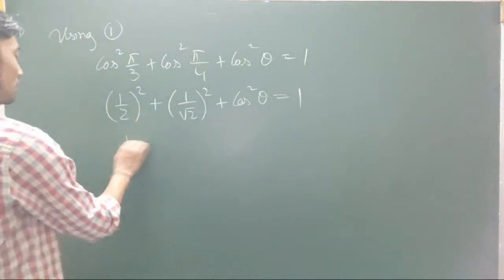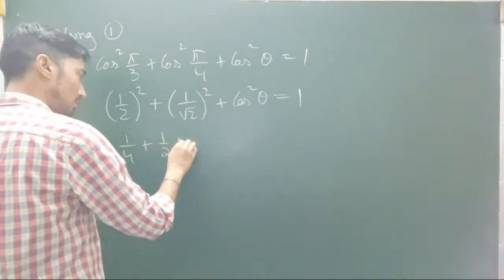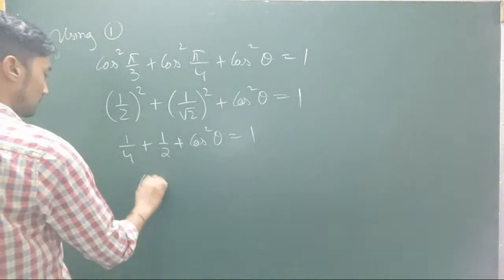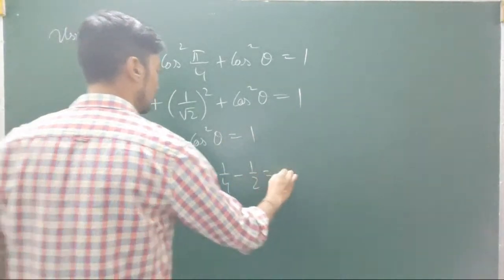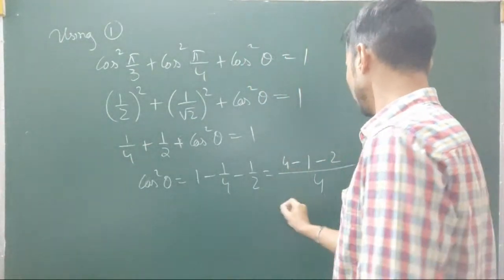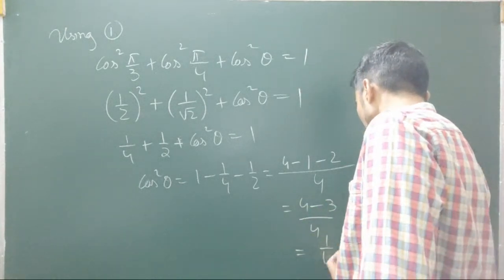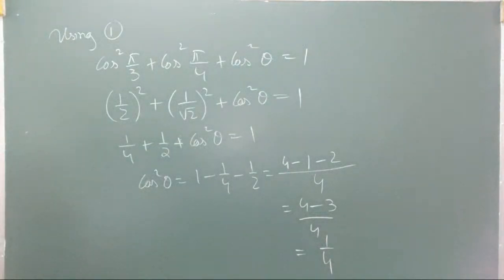So 1 by 4 plus 1 by 2 plus cos square theta equal to 1. So cos square theta equals 1 minus 1 by 4 minus 1 by 2, which is 4 minus 1 minus 2 over 4, that is 1 by 4.